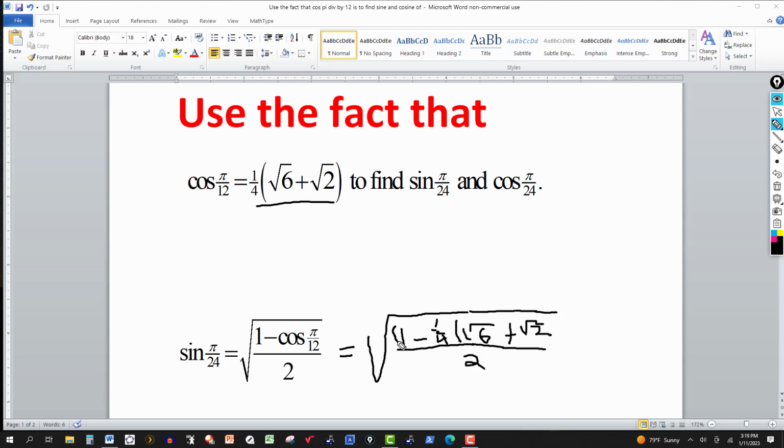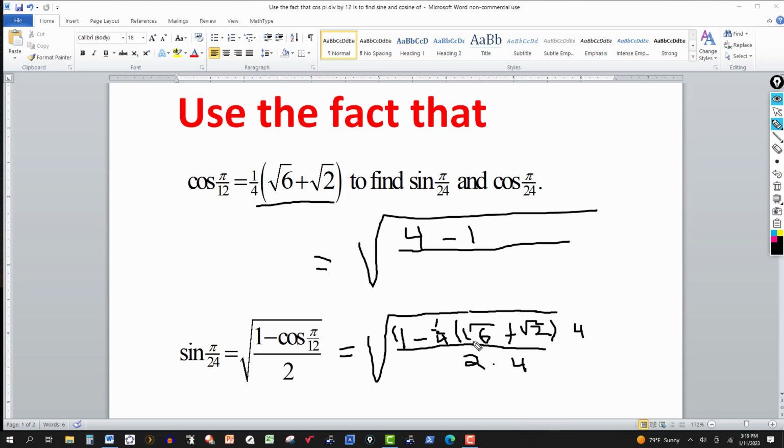Multiply everything up here by 4, and everything down here by 4. So 4 times 1 in the numerator gives me the 4, and 4 times the coefficient of negative 1/4 gives me a negative 1.